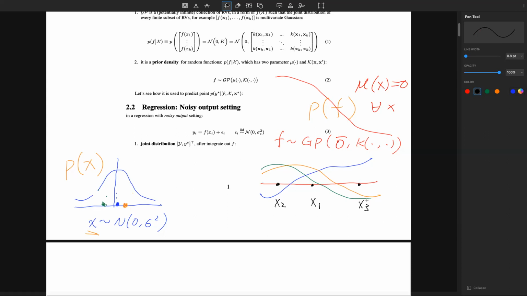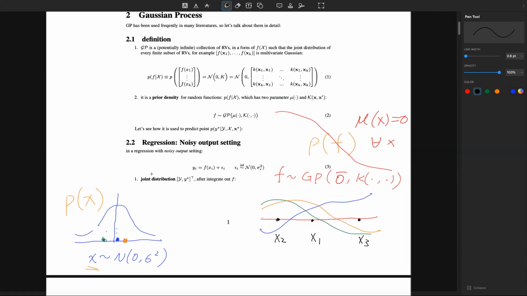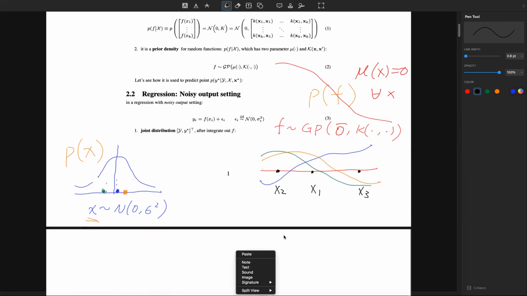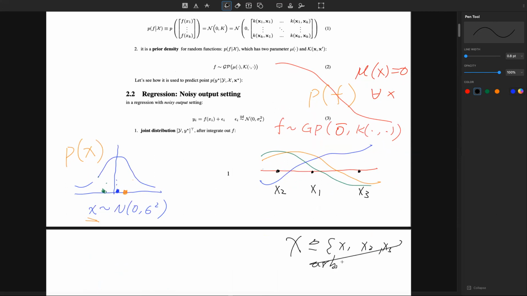Now, because I have three arbitrary points, these are not random points, these are just three arbitrary points. So I will say big X contains X1, X2, and X3. When I have these three points, I immediately have created three random variables.